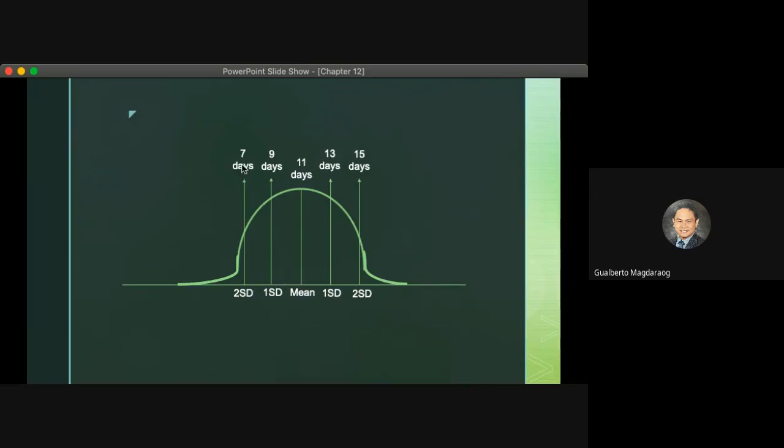So between 7 to 11 days, that's 4 days, and 11 to 15 days, that's 4 days also. So what's the probability of finishing between 7 to 15 days? That's 95.4%. How did we get 95.4? You look at the table and you will see the z value of 2 has an equivalent area of 0.477, and that is equivalent to 95.4%.